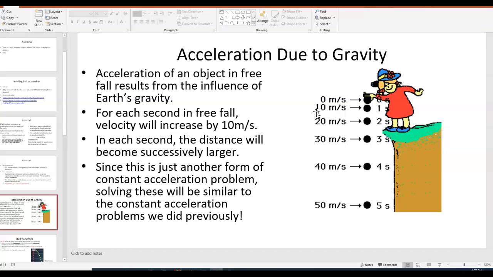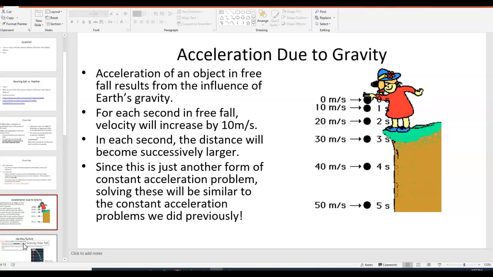Now, it would be negative 10 meters per second because it's falling down. After 2 seconds, it's now falling at 20 meters per second. So in other words, it's falling faster and faster and faster. In other words, the velocity is changing by negative 10 meters per second per second. Okay, so that's a way to visualize the acceleration due to gravity.